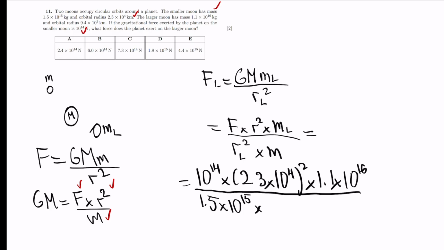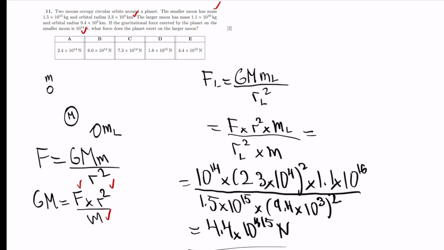And then we have the distance squared, which is, let's see, 9.4 multiplied by 10 to the power of 3. Do not forget the square, like so. Okay, this here is just going to give me 4.4 times 10 to the power of 15 newtons, meaning that the correct answer is E.